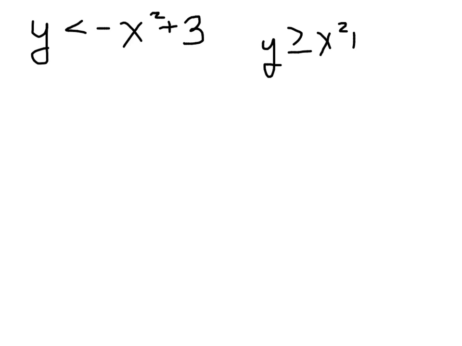Now, what if y is less than negative x squared plus 3 and y is greater than or equal to x squared plus 2x minus 3? What if I give you two on the same graph? Is that possible? Yes. In my past experiences, and this goes not only just for Algebra 2, but also for college algebra stuff, I've seen people use different colors for this part.